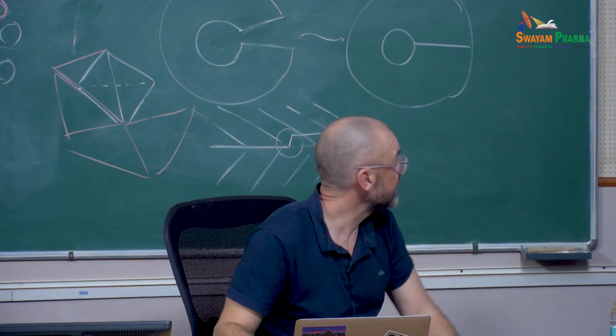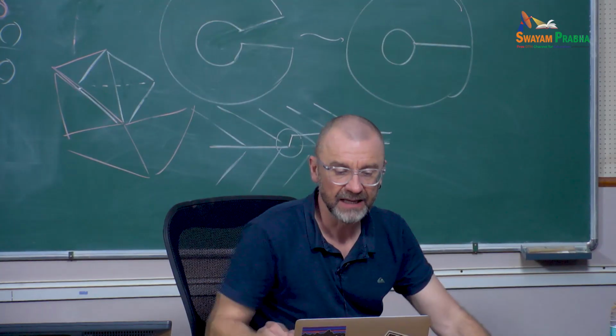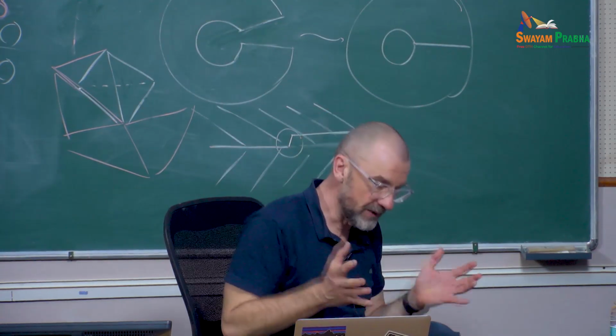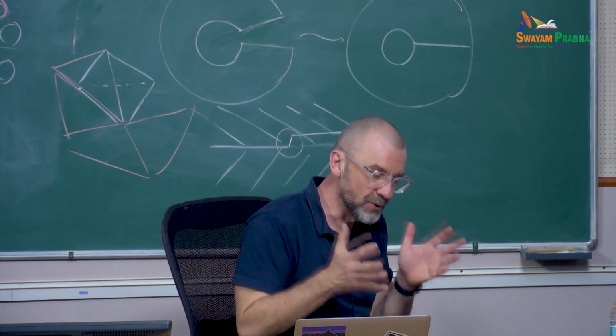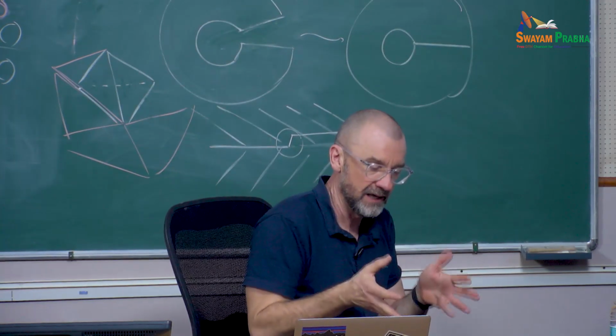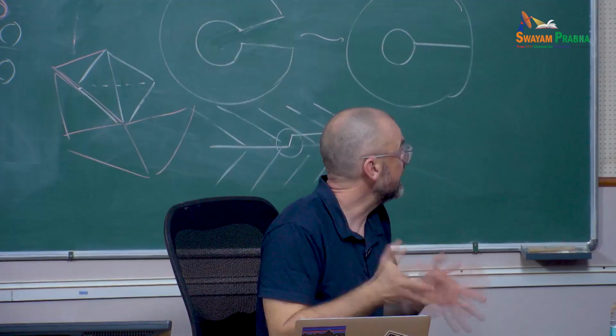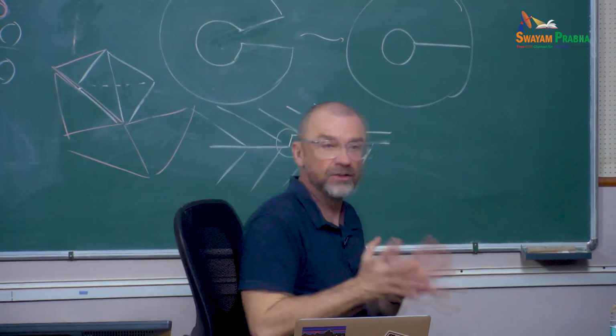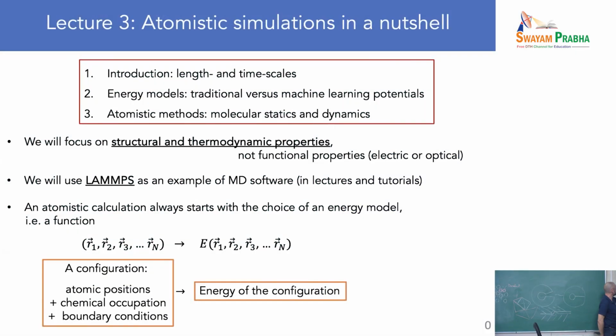And okay, so I've already said that we're going to use LAMMPS as an example. Now, the basic and most important ingredient of any of the atomistic simulations is the energy model. So what's the energy model? It's a function that as an input takes an atomic configuration. And an atomic configuration is made of three things: atomic positions, so the position of every atom in the system.